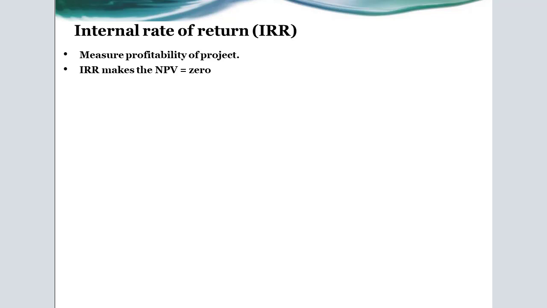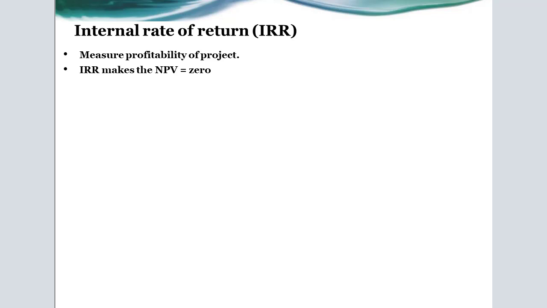How? Okay, we'll see. When we want to calculate the value of internal rate of return, we must bring the net present value to zero. This means that the summation of all revenues equals the summation of all outgoing cash flow.